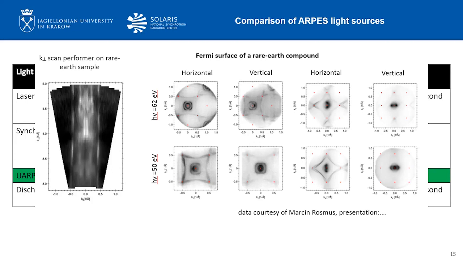So using this ARPES, we can measure only the bands not deep in energy, only near the Fermi surface.